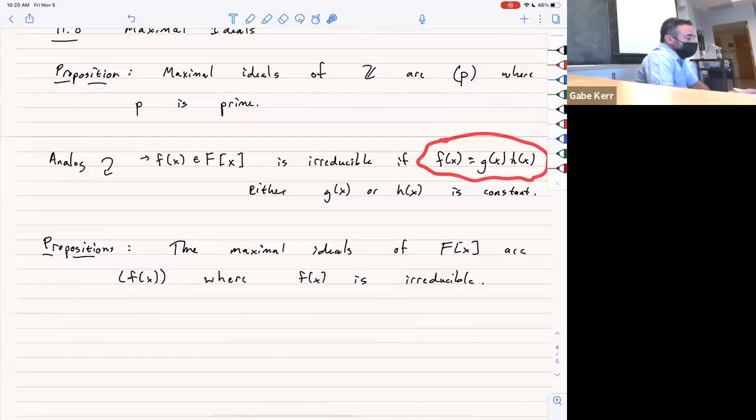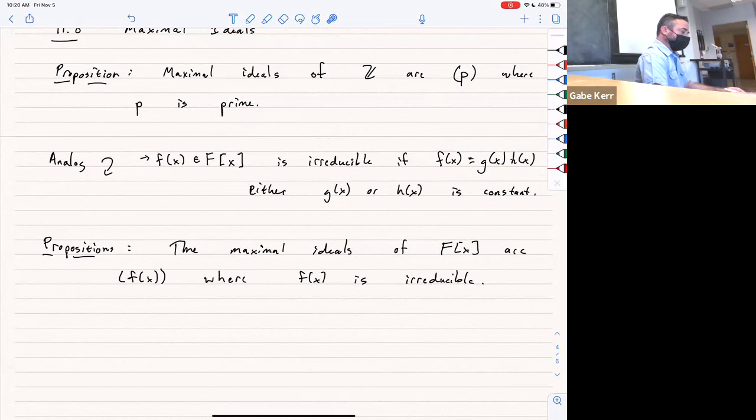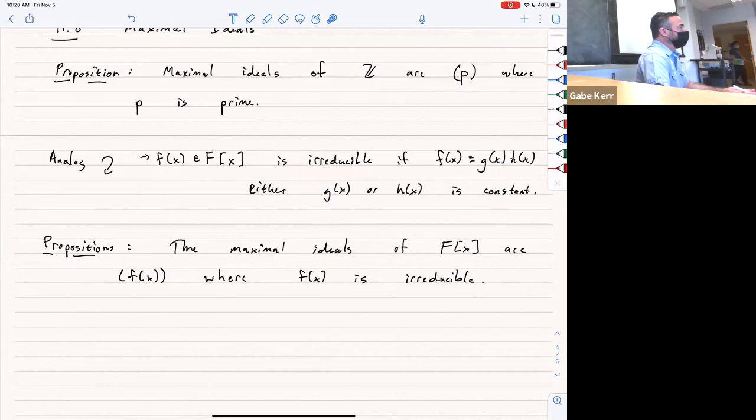An integer is prime if when I write it as a product of two other integers, one of them is 1. So it's only divisible by itself and 1. Why do we call it irreducible then? Why do we call this prime?